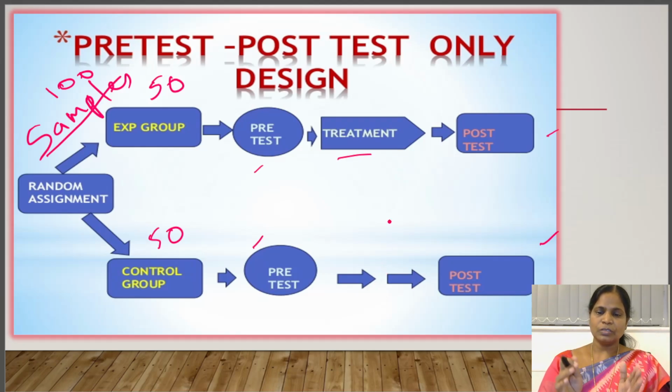After a certain period, it may take 1 week or 2 weeks, according to the researcher, the post-test is done on both. Whatever questions, measurements or tests were done during the pre-test, the same will be repeated in the post-test. Pre-test and post-test values will be compared to check for any changes or improvement in the condition of the patients involved in the research.